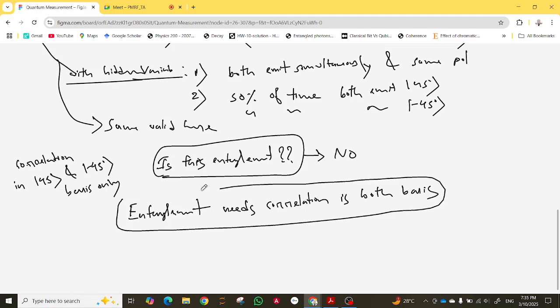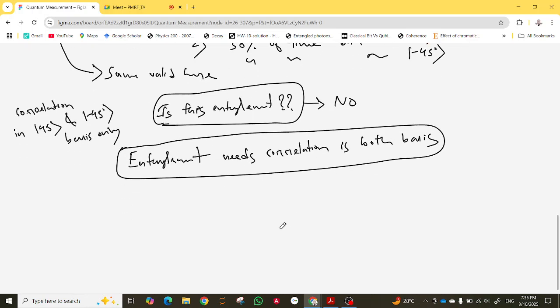Not only that, inseparability is fine. For the mathematical side, if your state is inseparable, mathematically you can say this is entanglement, but physically you need correlation in both bases. So in the first one you cannot say entanglement, and in the second measurement you also cannot say entanglement.